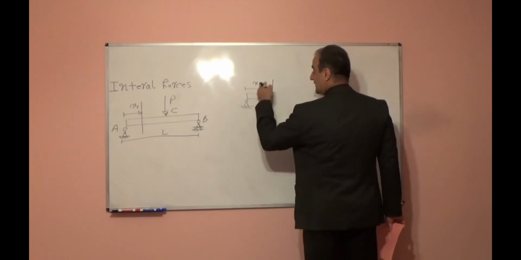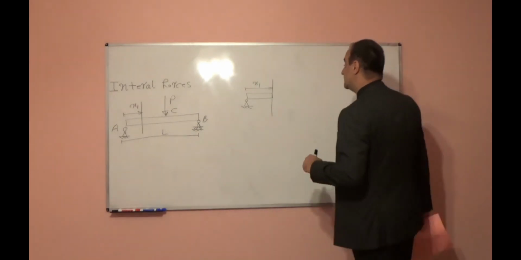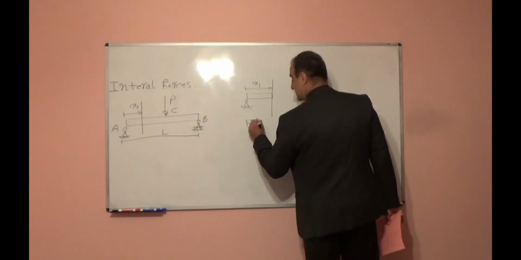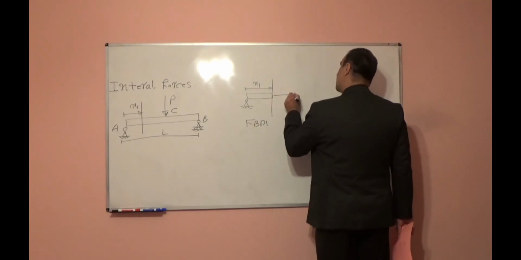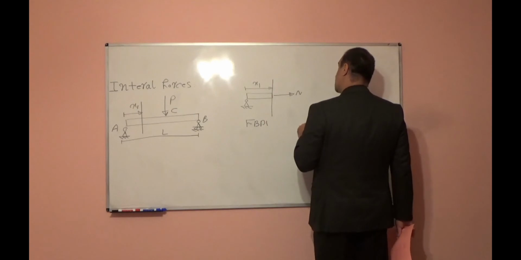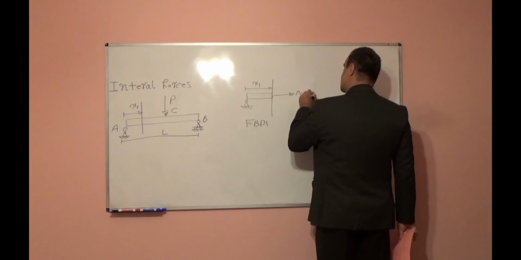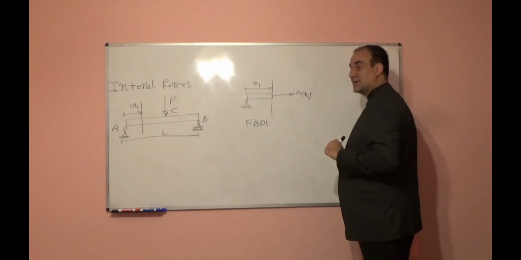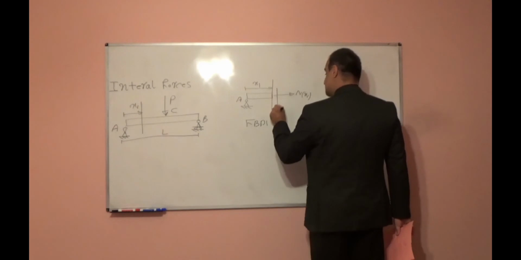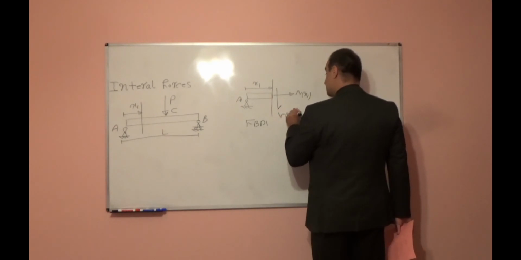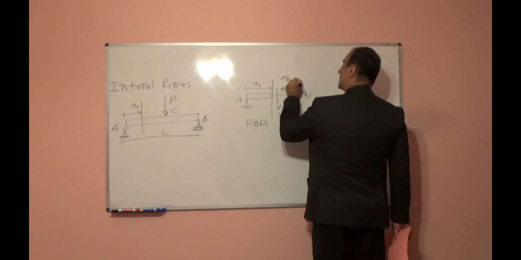Now I cut it at x1. In order to satisfy equilibrium in free body diagram 1, I have to apply internal forces. Internal forces: the axial force in the section which is x1 distance from point A, and this is Vx1 and this is Mx1.